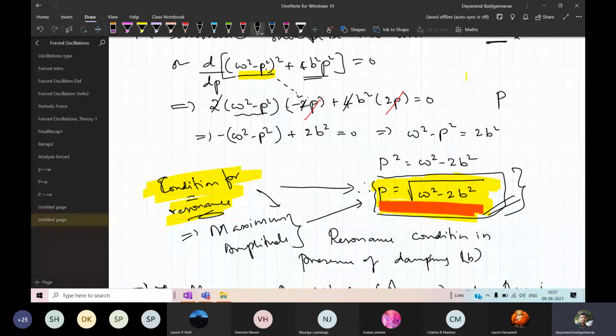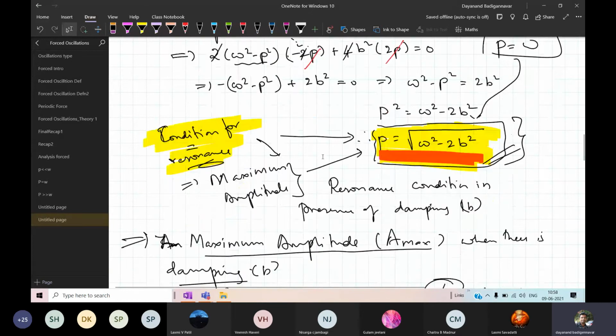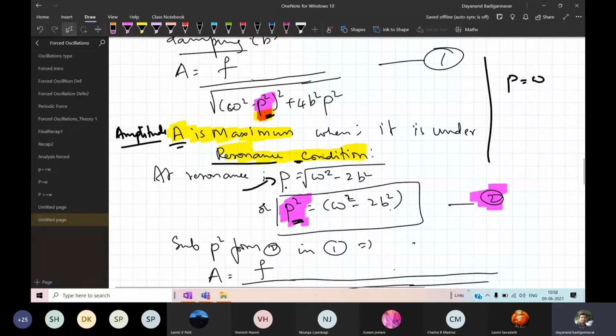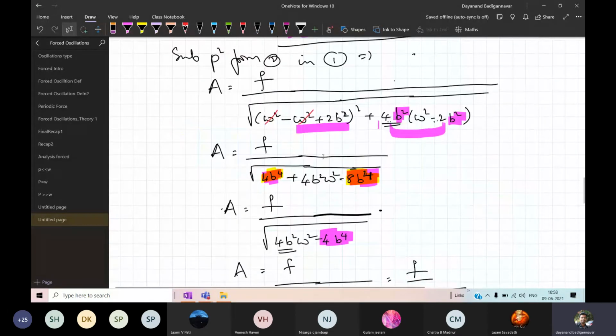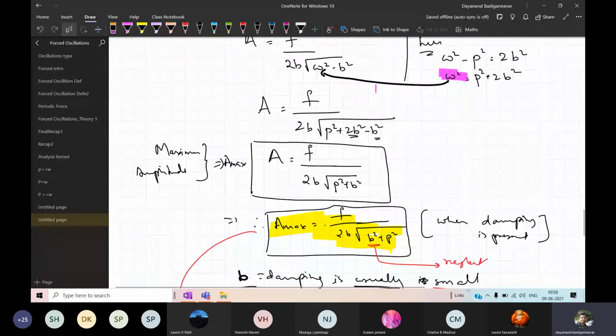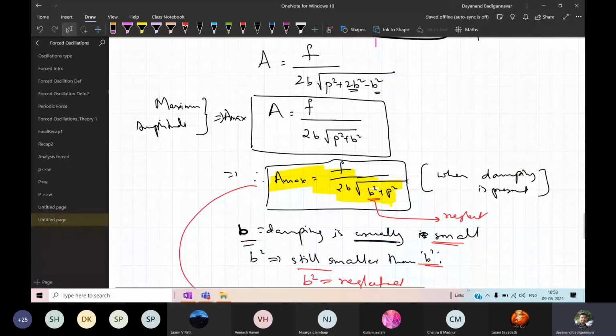Now it has changed to P equal to root of omega square minus 2b square in presence of damping. The corresponding maximum amplitude is F divided by 2b into root of omega square minus b square, or I can neglect the b square and simply write 2b.